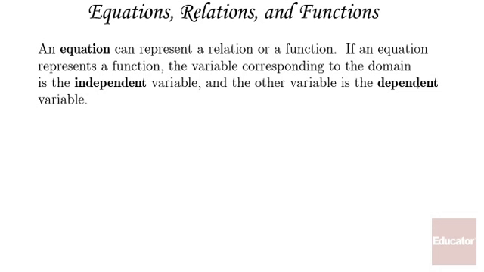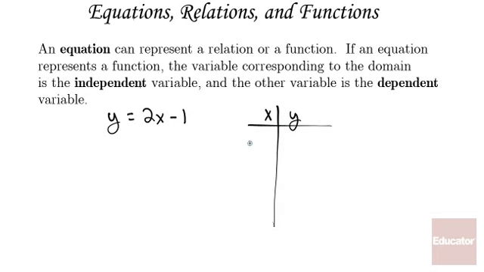Working with equations, an equation can represent either a relation or a function. If an equation represents a function, then there's some terminology we use. Let's start out by just looking at an equation that represents a function. The variable corresponding to the domain is called the independent variable, and the other variable is the dependent variable. So here I have x and y, and let's look at some values.